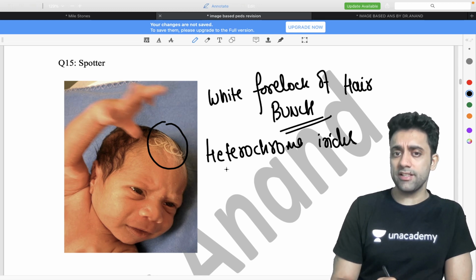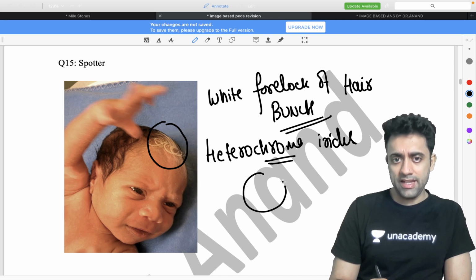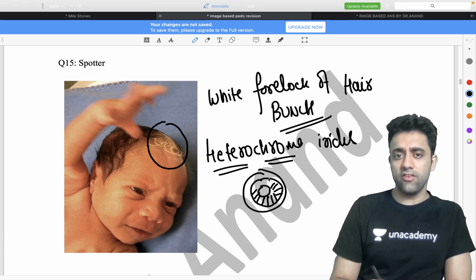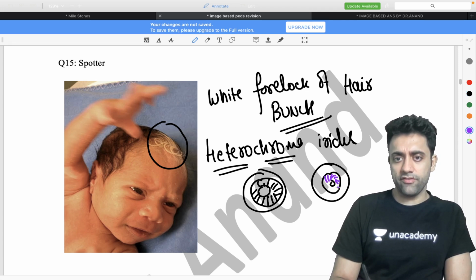What is heterochromia iridis? Hetero means a change in the color of the eye. One eye will be black, whereas the other eye will have a different iris color.